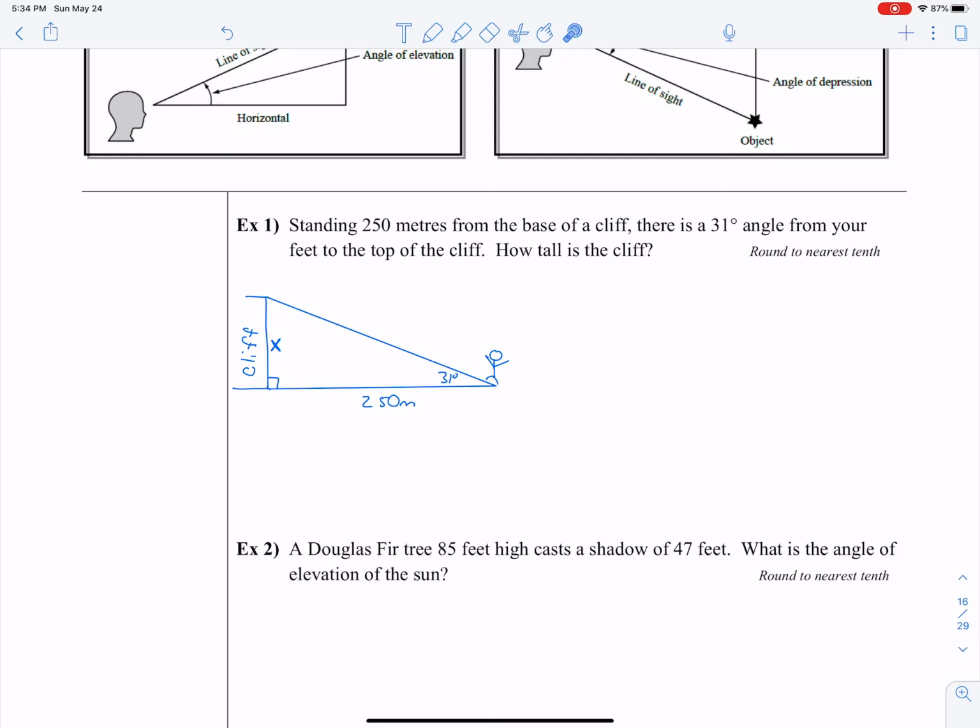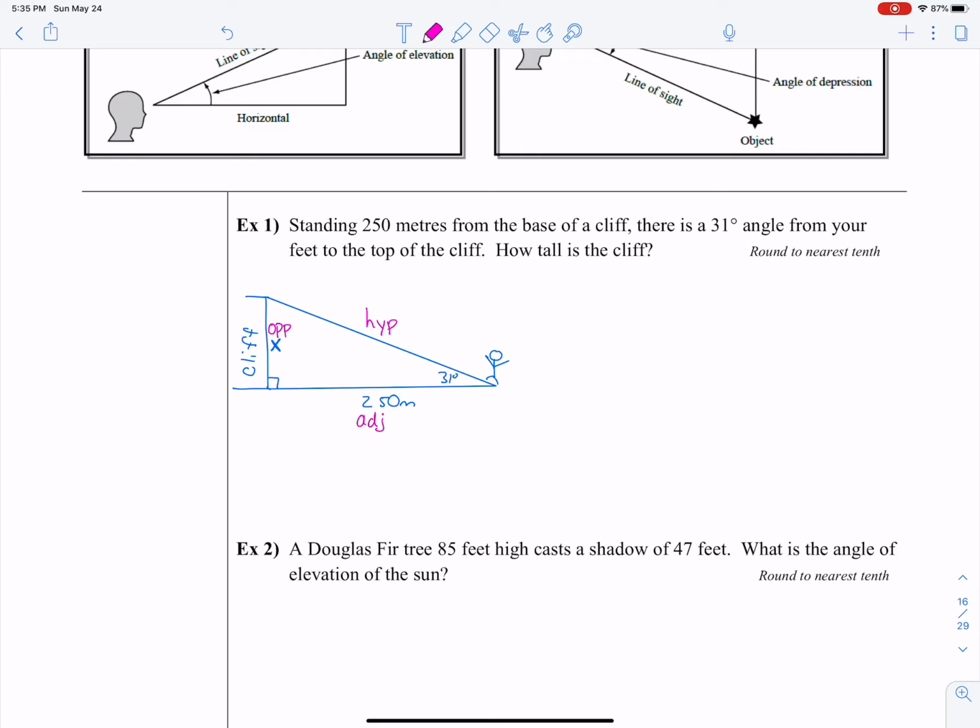So the first thing we're going to do when we solve this is label our triangle. We have our hypotenuse over here because it's across from our right angle. Then here's our reference angle. We go across from there, and this is going to be our opposite. And then our last one is going to be adjacent.